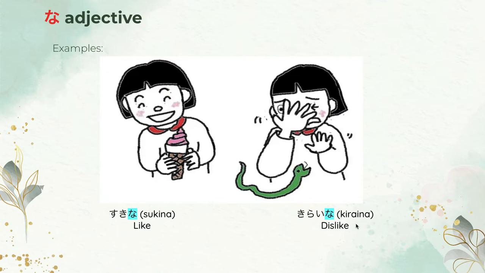If I wanted to say disliked animal, because this is a snake, it will be 嫌いな動物. 動物 is animal in Japanese.